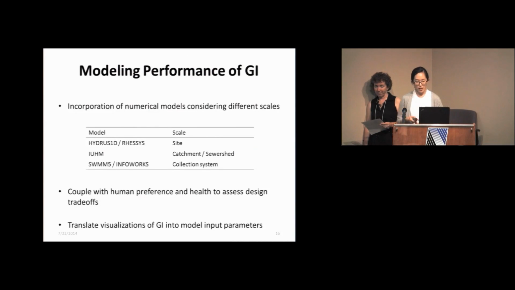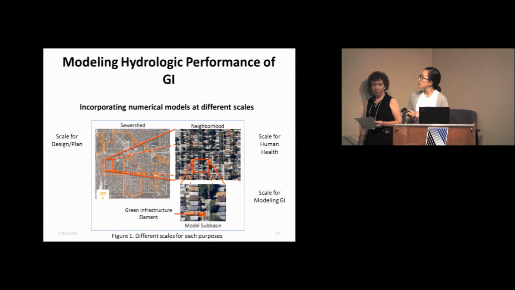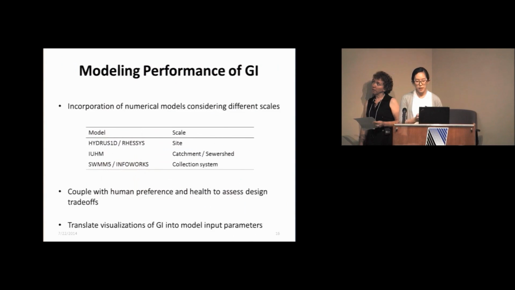So therefore, we will create an integrated modeling system evaluating holistic impact of green infrastructure from field to neighborhood to catchment scale by coupling numerical models at the different scales.